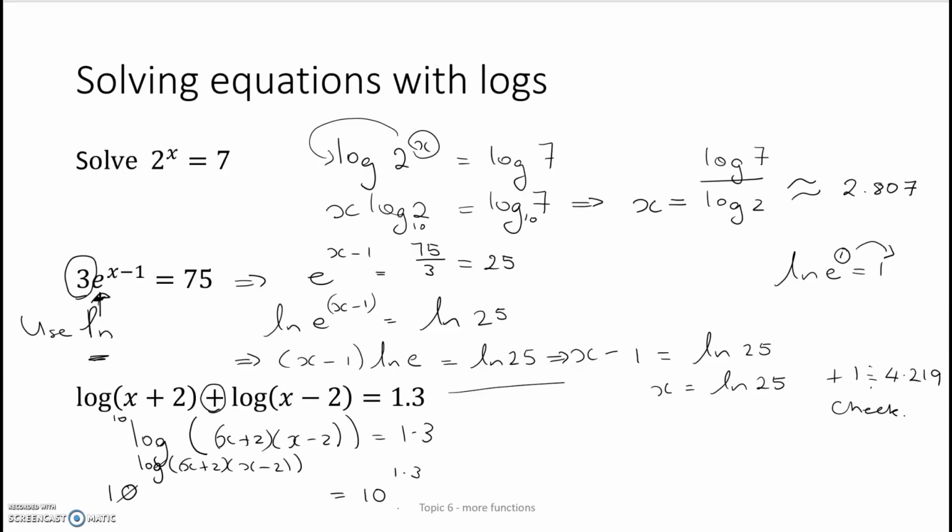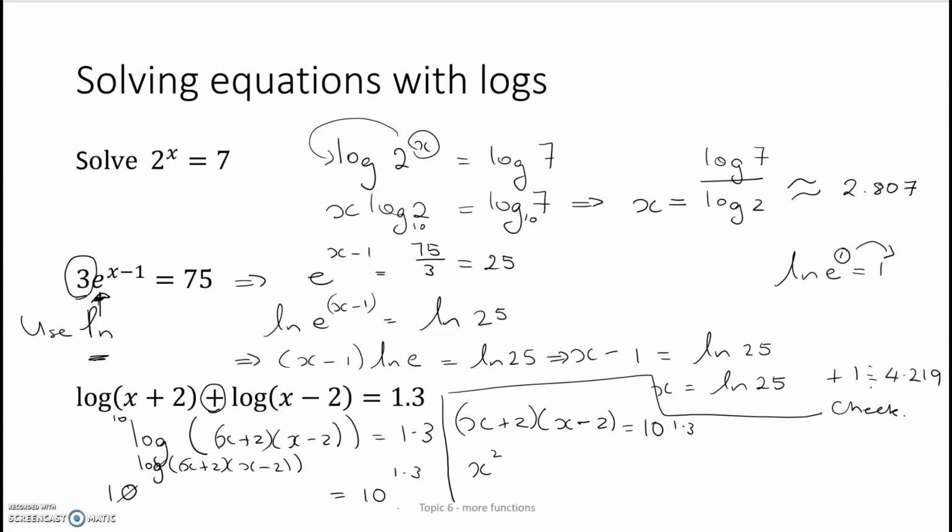So now we're left with x plus 2 times x minus 2 equals 10 to the 1.3. The left-hand side is actually one of those special things.